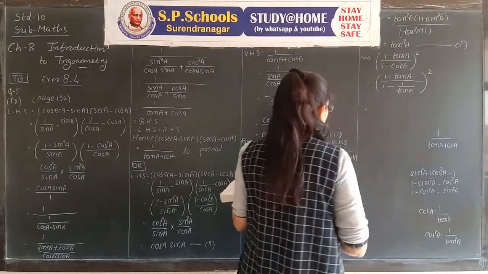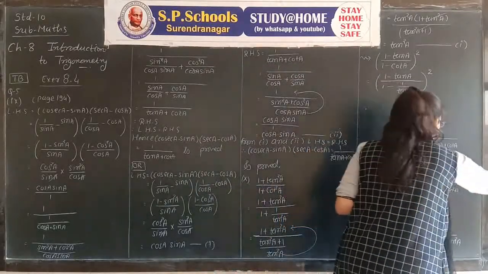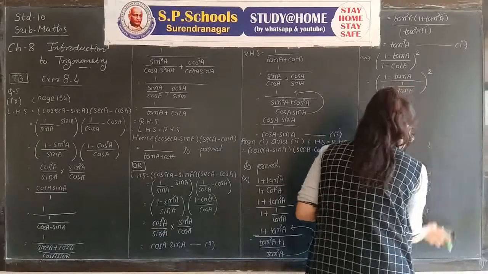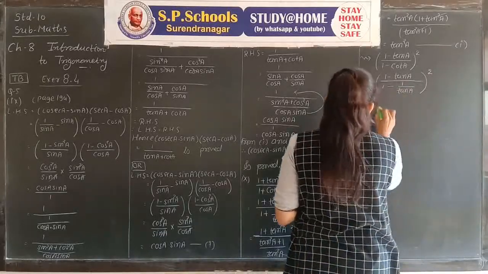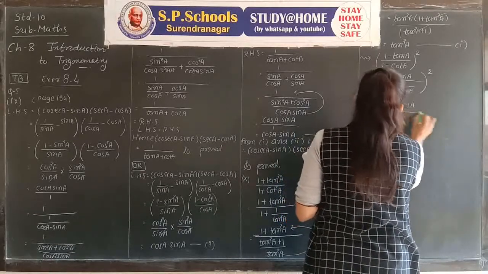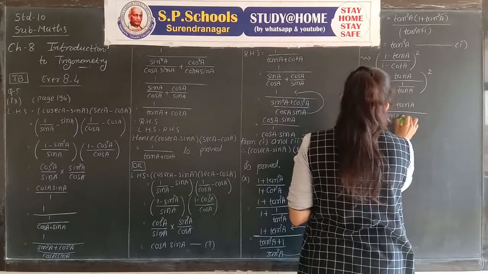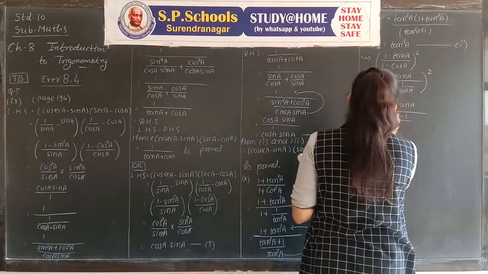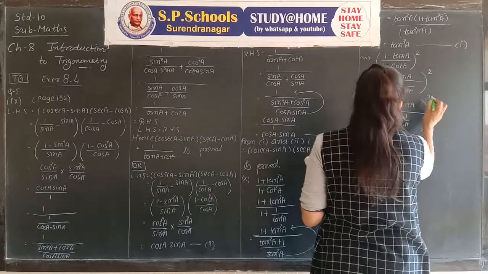Take the LCM in denominator: 1 minus tan A as it is upon (tan A multiply 1, tan A minus 1) upon tan A, whole square.